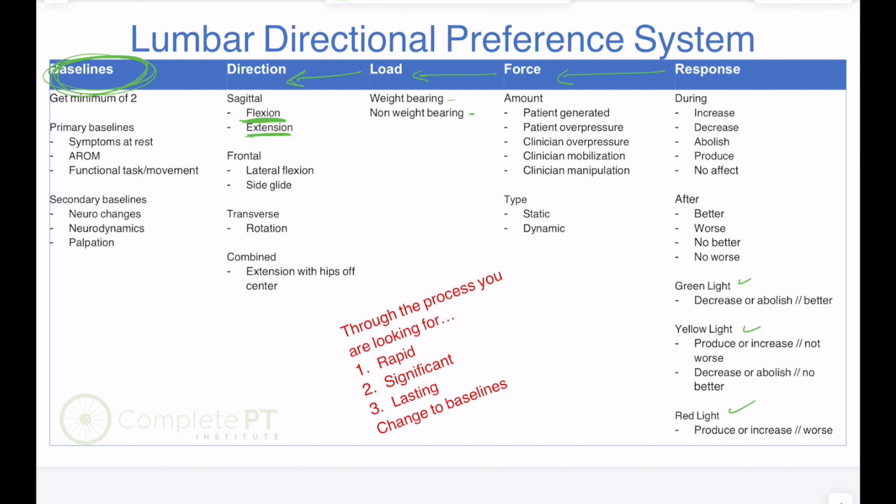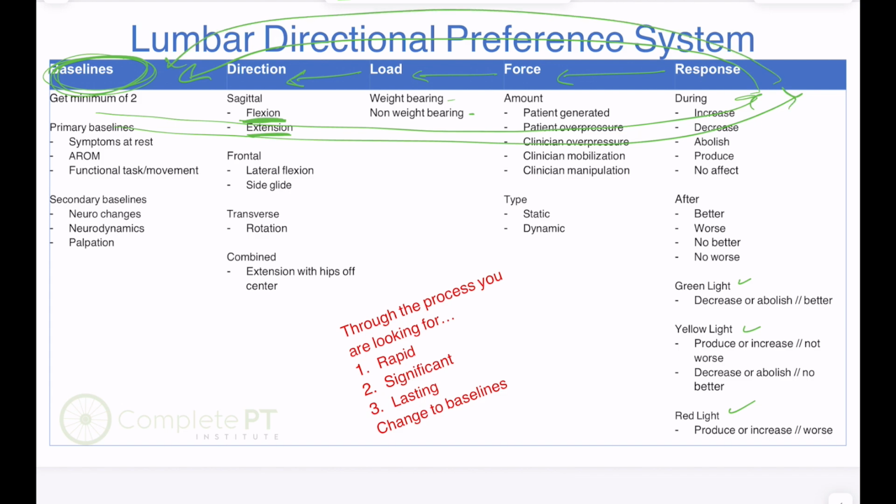So the process essentially is cyclical. You start going in this direction and then you cycle back. And it just keeps doing that back and forth until you figure out, I've got the right direction, the right load, the right amount of force. And then where you rule this classification out, where you say this is not a lumbar derangement, there's no directional preference, is where you've worked the system.